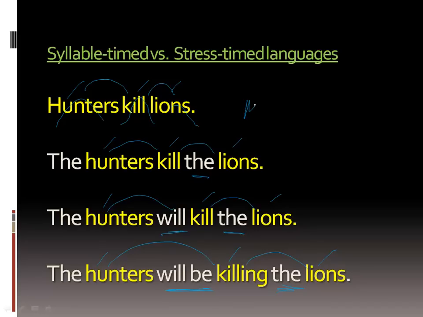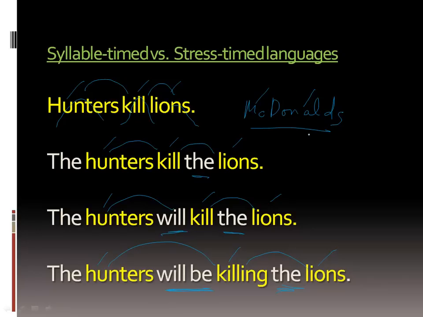So, okay, let me try McDonald's, which in English is 3 syllables, but in Korean it would be 4 syllables. So I wanted to try the stress. So I said, where is McDonald's? Okay, nobody understood me.